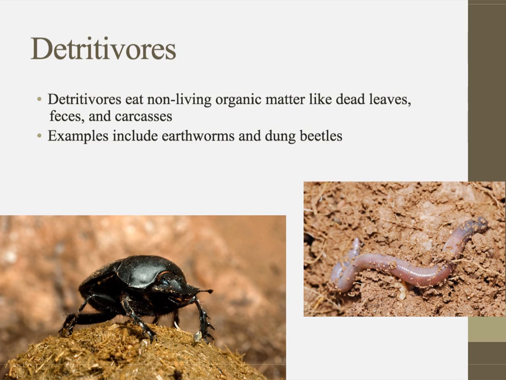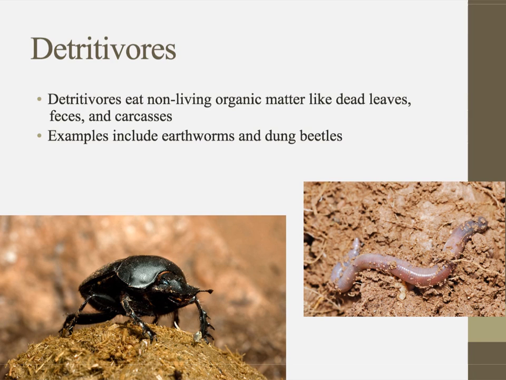And one of those examples are the detritivores. Detritivores eat something called detritus, which is non-living organic matter. So this means that they're eating things that used to be alive, like dead leaves, feces, like my friend the dung beetle here eating poo, or they're eating carcasses.